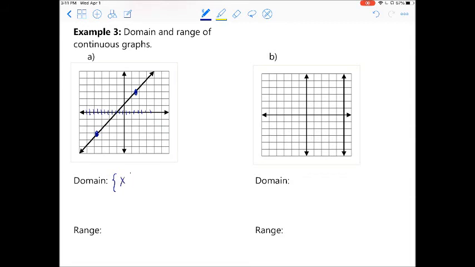So we can say x such that x is an element of all real numbers, because for domain, all values of x are valid. Same idea for range. Open the bracket, y such that y is an element of all real numbers. Same idea. Anywhere you pick, y value is defined.